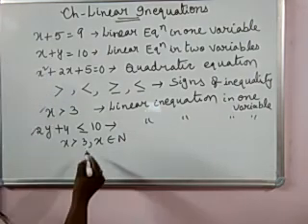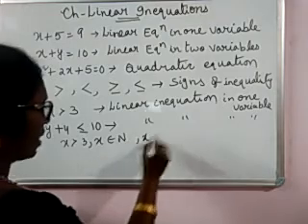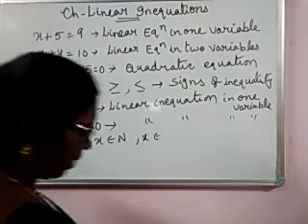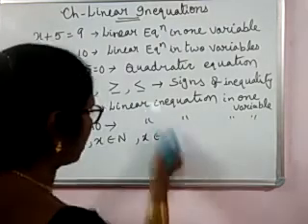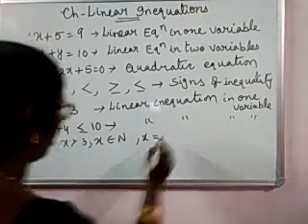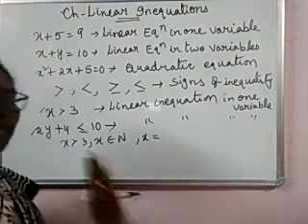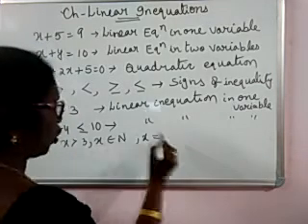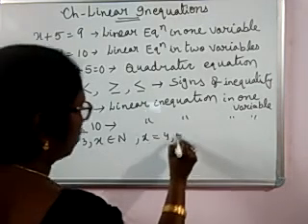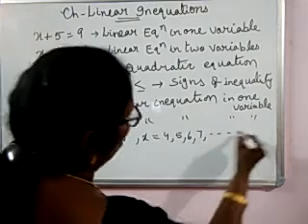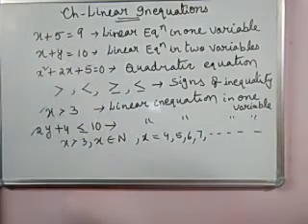And x is greater than 3, so 1 and 2 are not the solution. You will have 4, 5, 6 and all such natural numbers as the solution of this inequation.